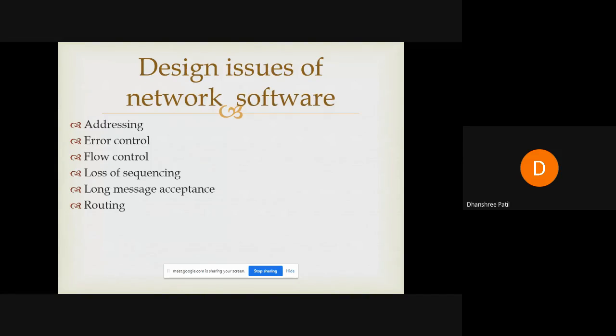Now you tell me what is meant by addressing, why addressing is required. What is meant by addressing, or any issue, if you know any of them, you can tell.